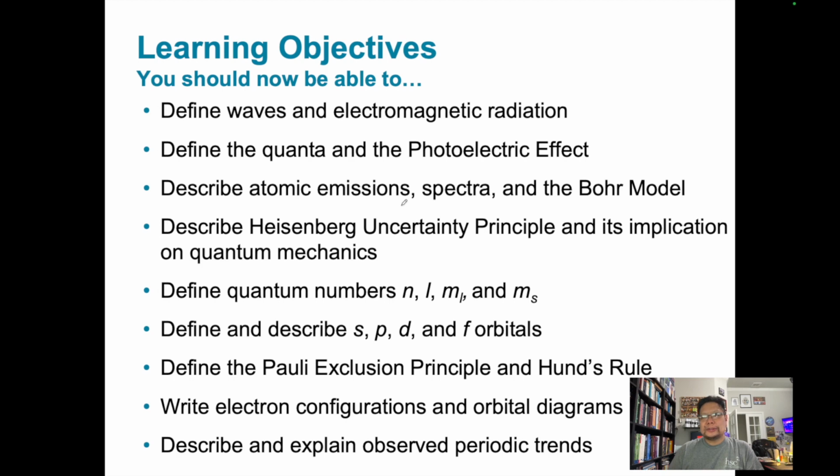You should also be able to define the quantum numbers n, l, m sub l, and m sub s, define and describe the s, p, d, f orbitals, define the Pauli exclusion principle and Hund's rule, write electron configurations and orbital diagrams, and describe and explain observed periodic trends.